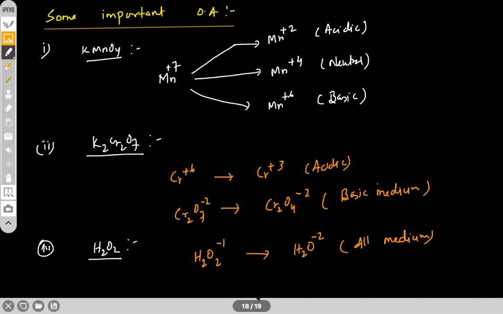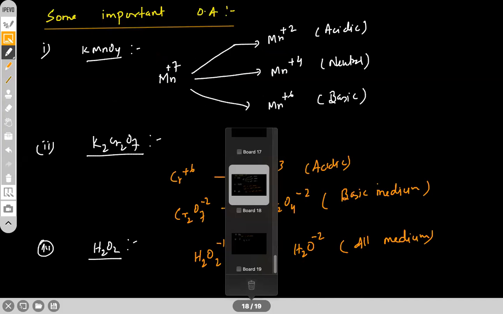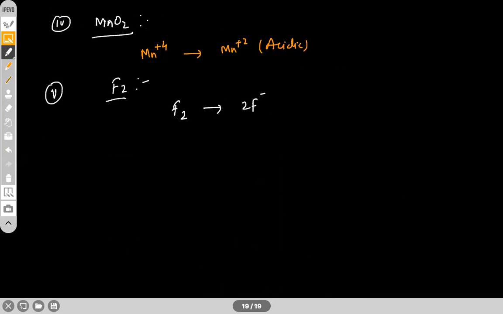Write one note. Fluorine is the most powerful oxidizing agent.